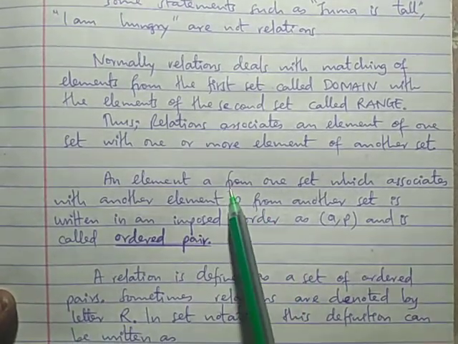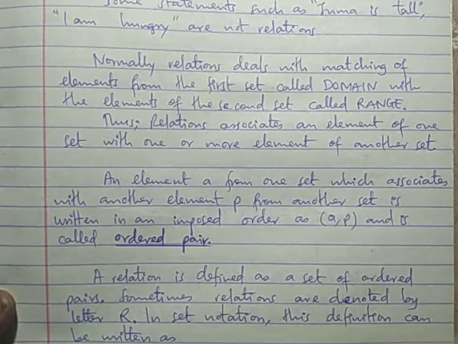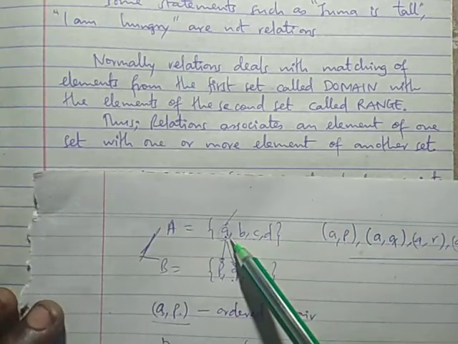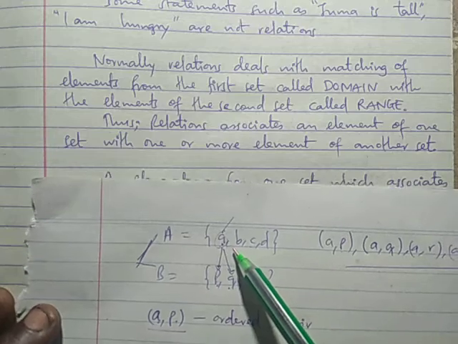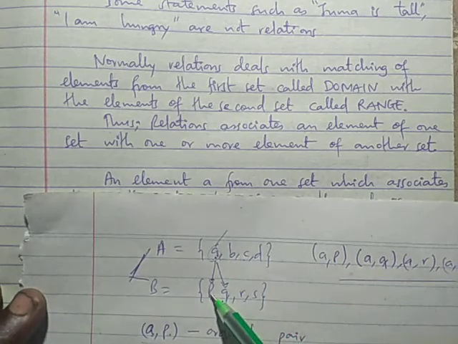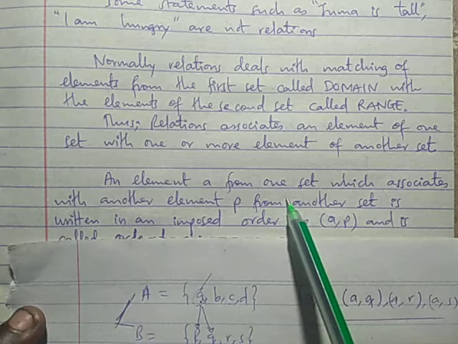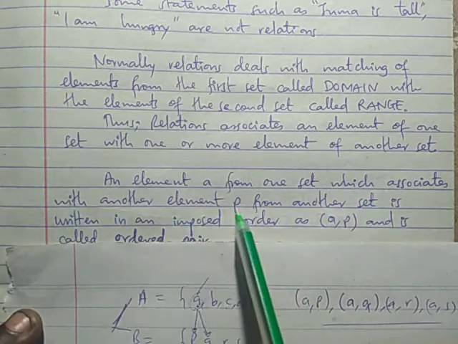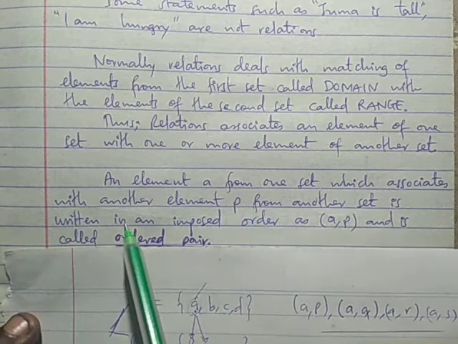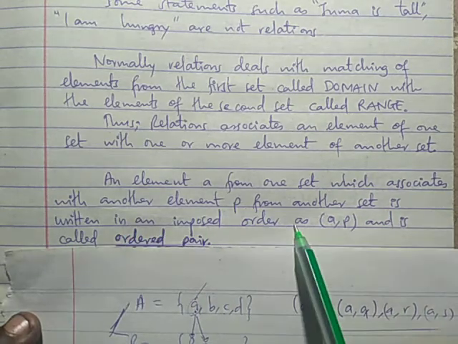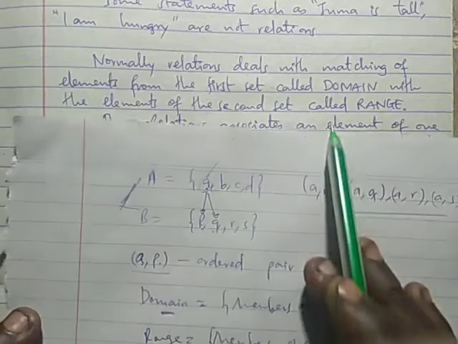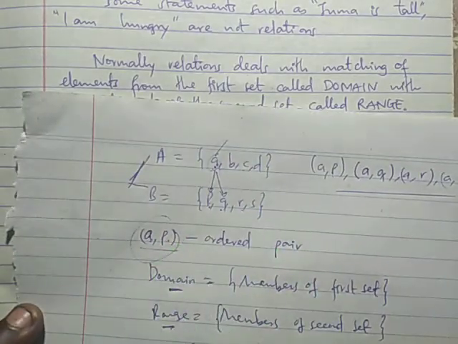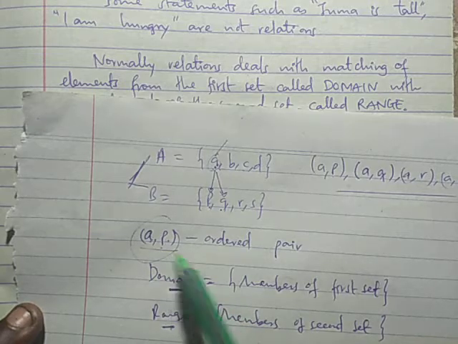So an element A from one set, as we illustrated in our example, if it has correlation with an element P from another set, is written in imposed order as A, P. Kwa hiyo kama A ana uhusiano na P tunamwandika kama A, P. Na huyu A, P tunamuita nani?